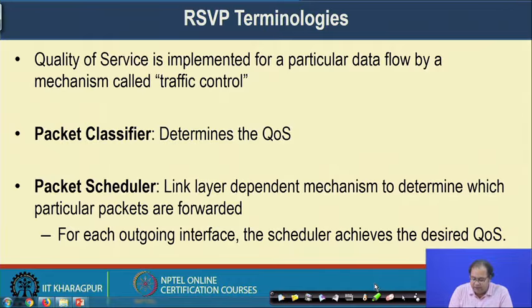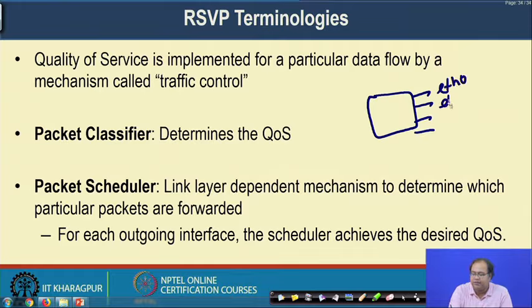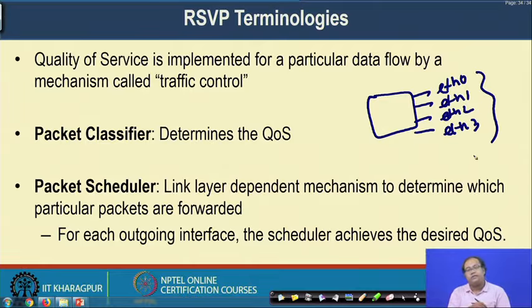If you look from a router perspective, you can have multiple outgoing interfaces like ETH0, ETH1, ETH2, ETH3 and so on. So, these are the different outgoing interfaces for a router. Now, for every individual outgoing interface, I need to maintain multiple queues, because you remember that these queues are specific to an outgoing interface. With this outgoing interface possibly another router is connected.